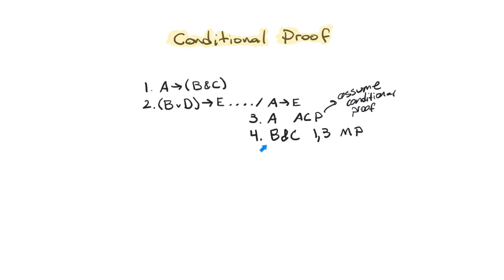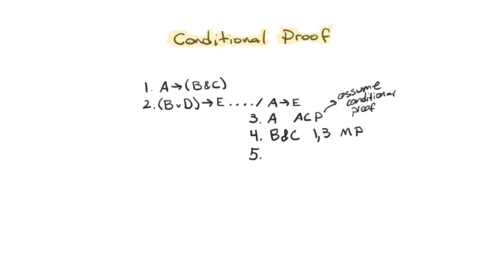So looking at line 4, we need to be familiar with some new rules of inference. And our rule that's going to be helpful here is going to be the simplification rule. We know that if a conjunction is true, for line 4, this is a conjunction, we know that B and C are both true.